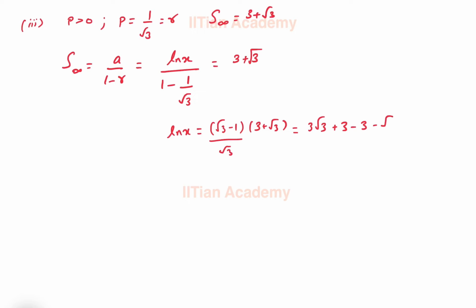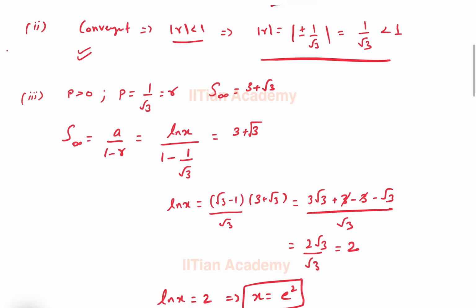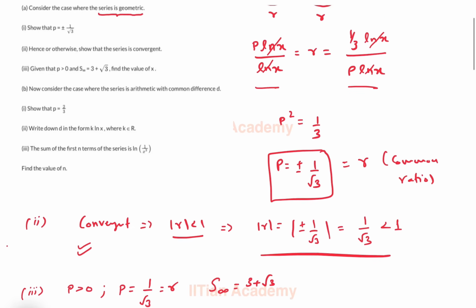This is 3 root 3 plus 3 minus 3 minus root 3 divided by root 3. Simple calculations. 3 root 3 minus root 3 is 2 root 3 divided by root 3. That means this is 2. So what we are getting is natural log of x equals 2, which means x is equal to e raised to the power 2. So our solution is x equals e raised to the power 2.